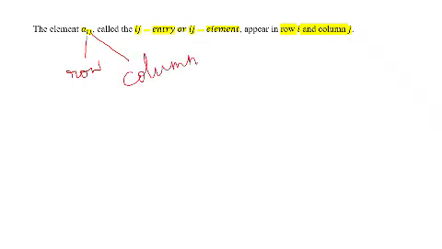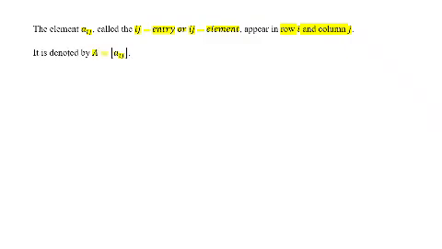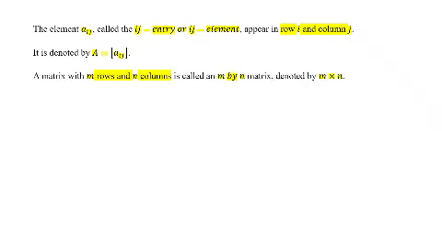So if we have an element A34, then here i is 3 and j is 4. That means this element is in the third row and fourth column. It is denoted by A equal to Aij within rectangular brackets.